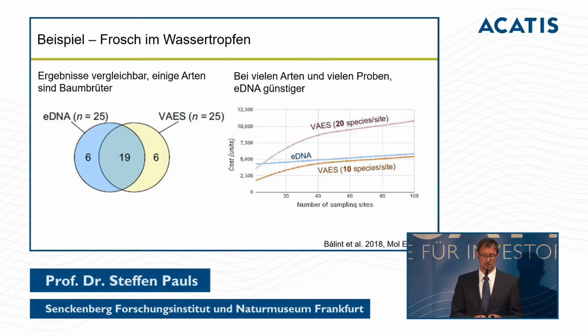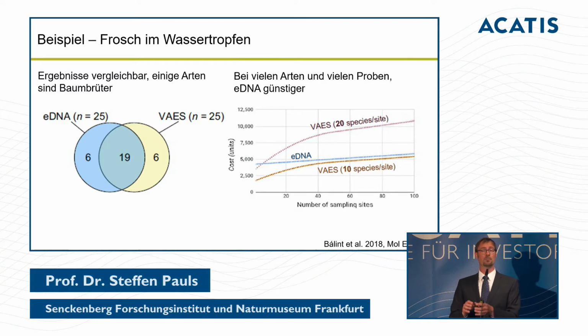If we do it in such a way, we get to the following result. There are 25 species that have been proven through eDNA. Now the experts were also able to prove 25 species, but interestingly enough, only 19 have been found by both groups.